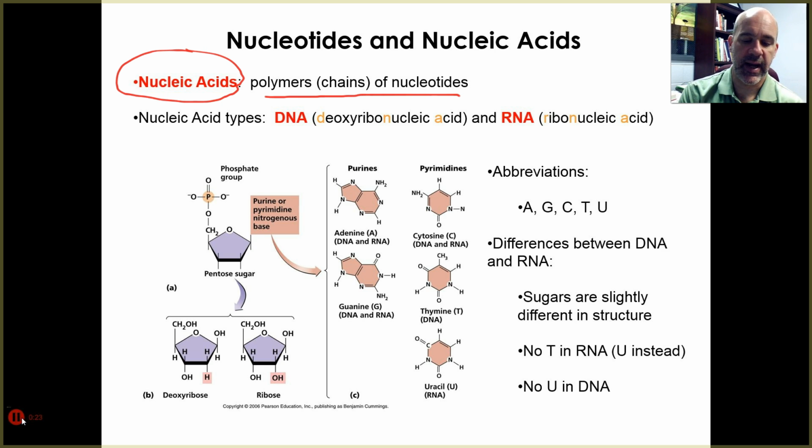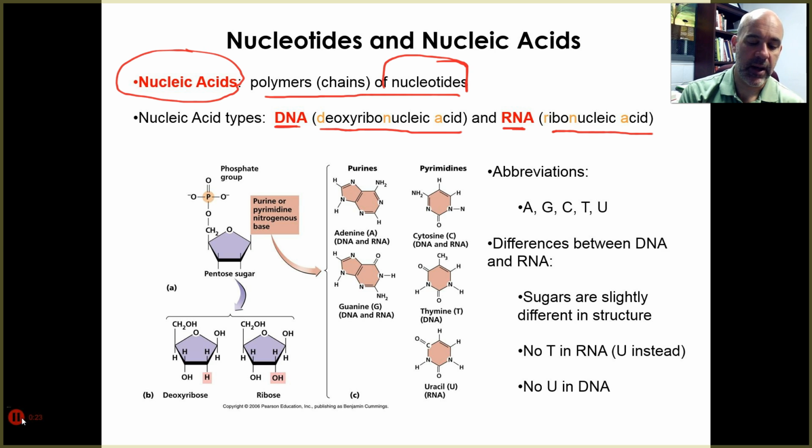So a nucleotide is the smaller organic molecule that serves as a building block for DNA or RNA. DNA stands for deoxyribonucleic acid. RNA stands for ribonucleic acid. And the deoxyribo and the ribo part come from the names of the sugars that are components of the nucleotides that make up DNA and RNA.